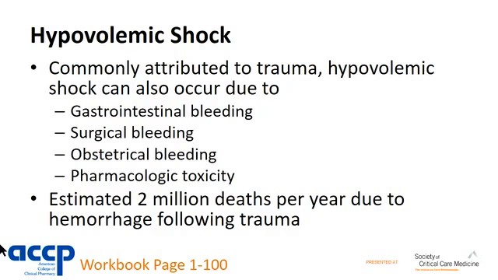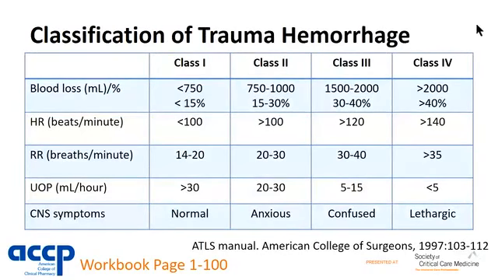It's estimated that on an annual basis there are approximately 2 million deaths per year due to hypovolemic shock due to trauma. ATLS and the American College of Surgeons put together a nice categorization and classification scheme of the different categories of hypovolemic shock. You'll notice first is class 1.